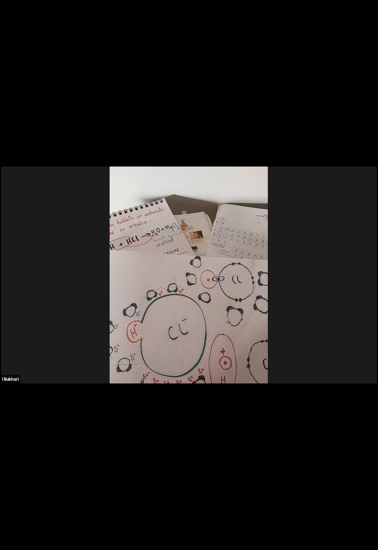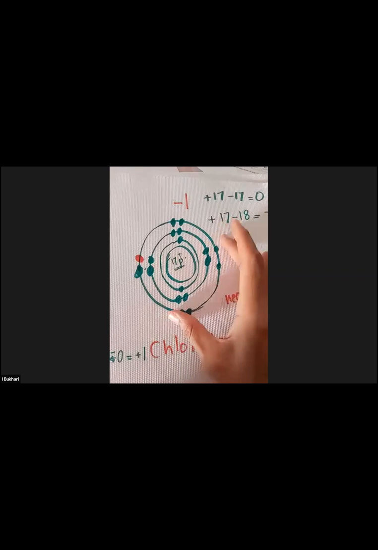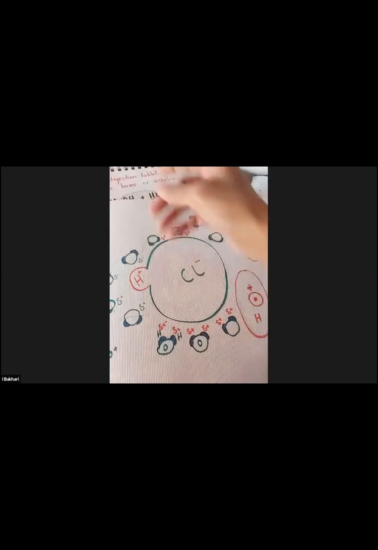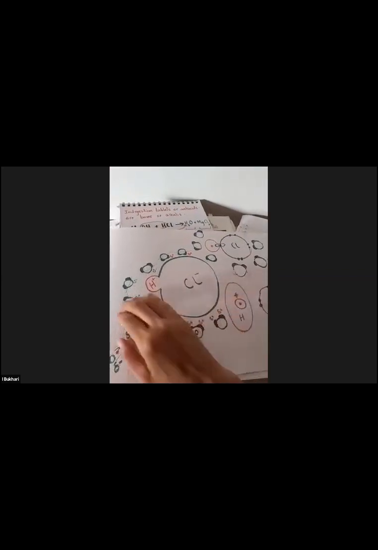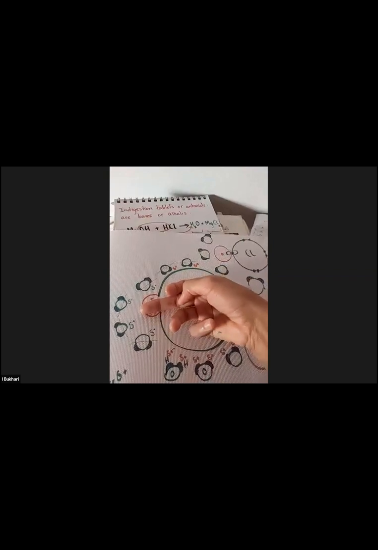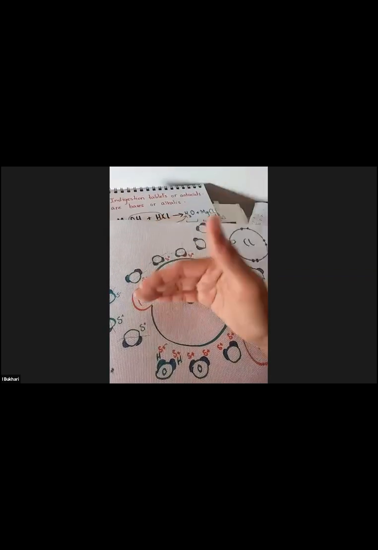You have done the structure of the atom. For example, this is one atom, just chlorine, that's it. Now when it bonds with another atom and forms the smallest particle that something is made up of, which is responsible for the properties of a substance, this is called a molecule.